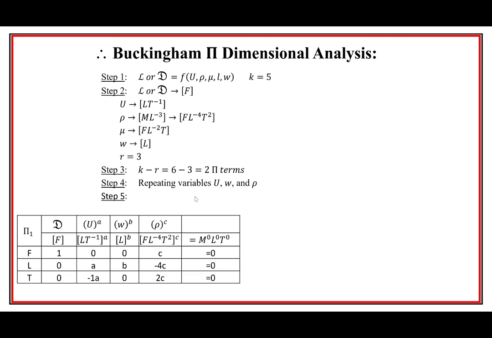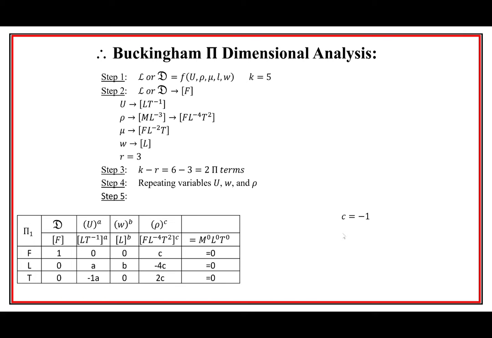So step 5, we do our first pi term, which is going to be based on the main variable, the drag, as I'm using here. But again, it could have been lift, it didn't matter. Going through this little table, first off, we can see that C is going to be equal to -1. That's pretty obvious. Then for the next one, we have A plus B minus 4C.